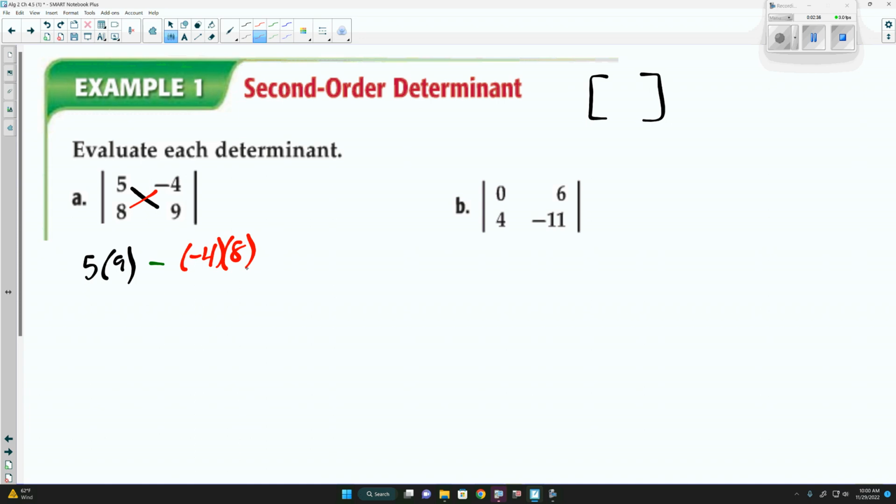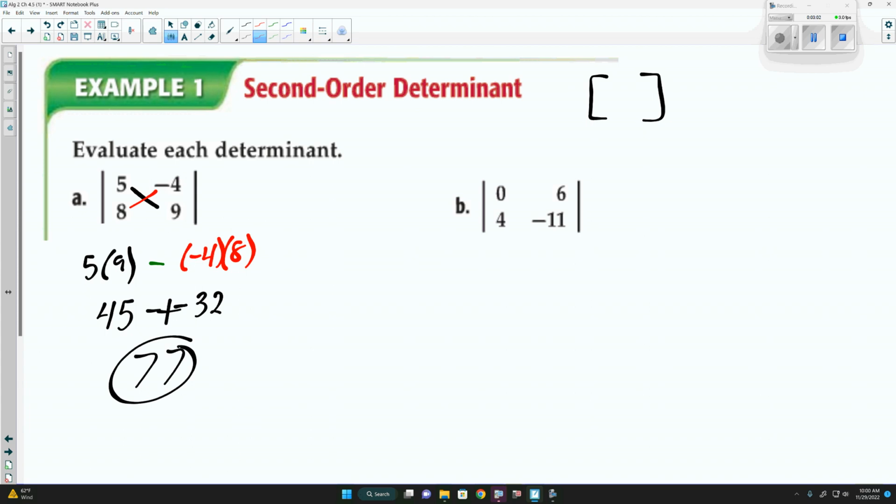Well, 5 times 9 is 45. Minus, well, negative 4 times 8 is negative 32. The negative and negative make a plus, so the determinant of this matrix is 77.